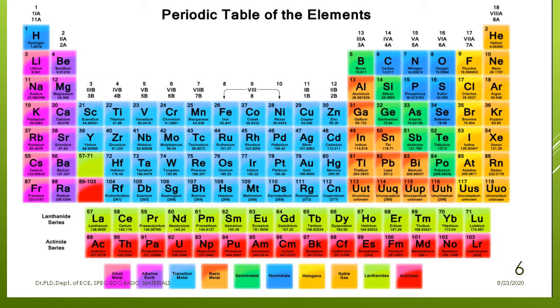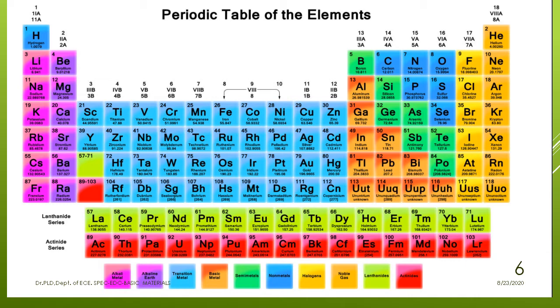So boron, aluminium, gallium are trivalent impurities, having 3 electrons in the valence shell, and pentavalent materials have 5 electrons in the outermost shell. Here nitrogen, phosphorus, arsenic, antimony are all pentavalent elements in the periodic table.